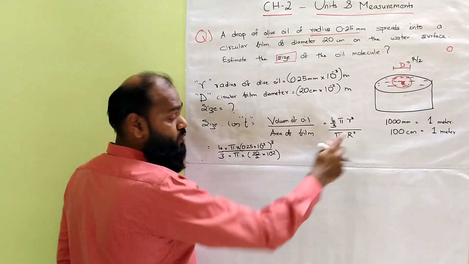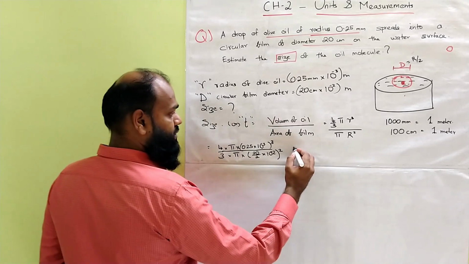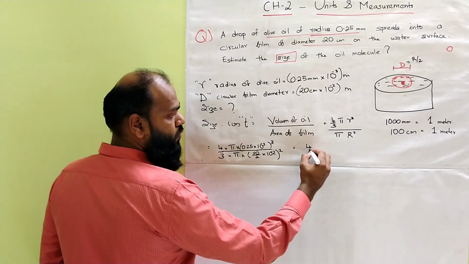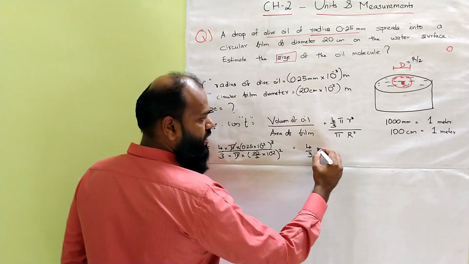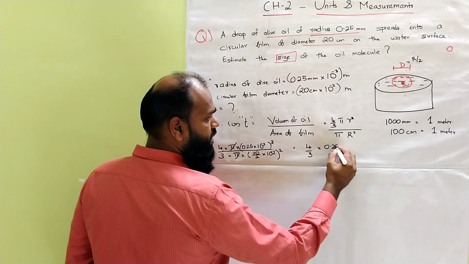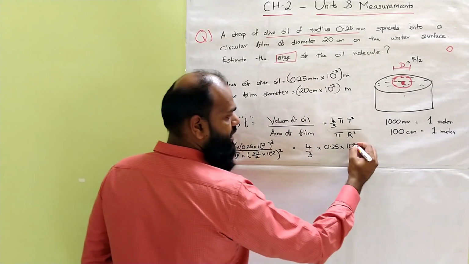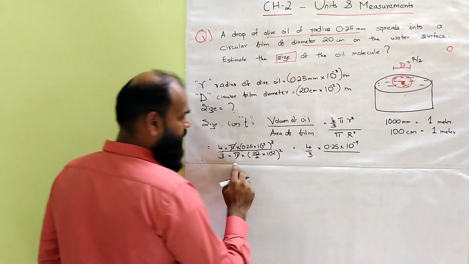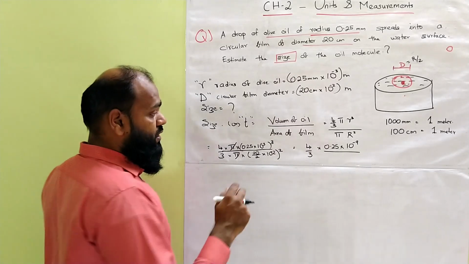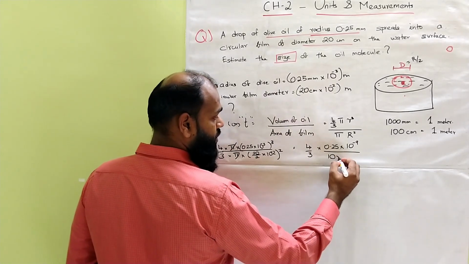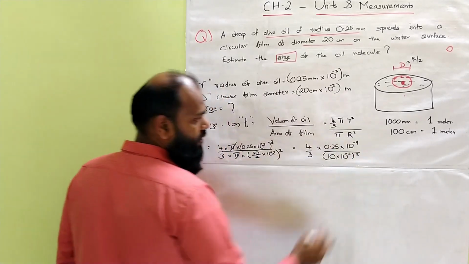This is the whole square, pi R square, right? The next step is just simplifying it. 4 by 3 I am taking outside, pi and pi get cancelled, so 0.25 into 0.25 into 0.25 into 10 power minus 3 and 3, it's minus 9, the whole divided by 20 divided by 2, which is 10, so 10 into 10 power minus 2 the whole square.